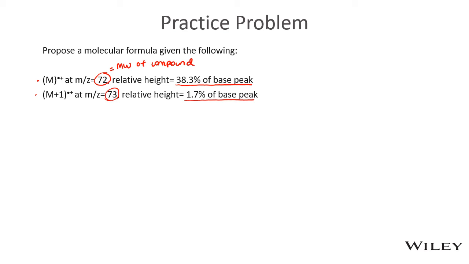So first, since we're asked to propose a molecular formula, let's focus on the number of carbons. Now the number of carbons formula is we need to take the percent of the M+1 peak relative to the molecular ion peak.